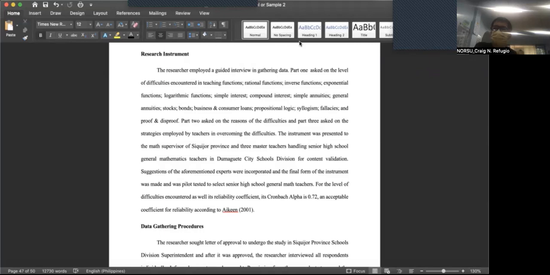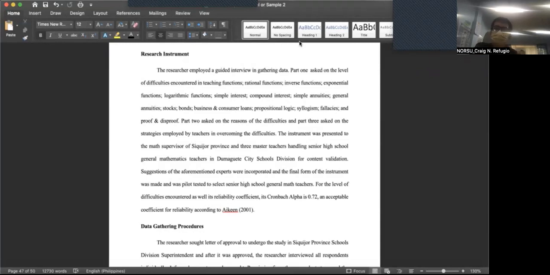They know the learning competencies, so they can validate your instrument. During the validation, you are going to seek comments and suggestions to improve your research instrument. Once you receive them, you incorporate them into the final draft of your instrument. After that, you undergo pilot testing.